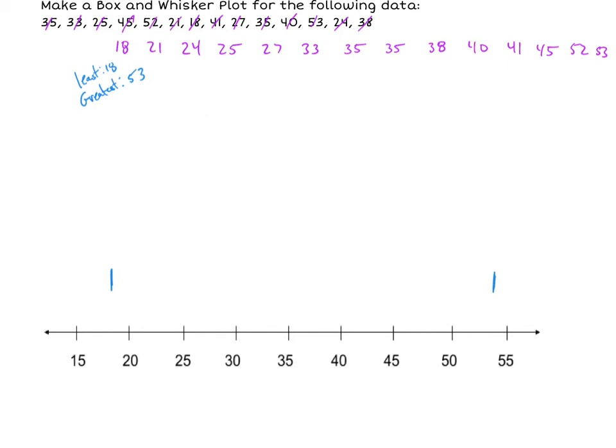So now we got to find the median. So there's 18, 53, 21, and 52. 35. Okay, you got both of those. 35, so right in the middle here, right?